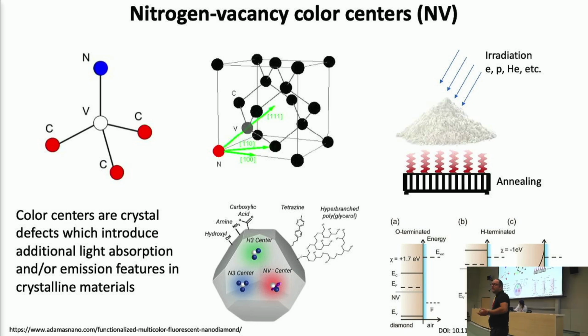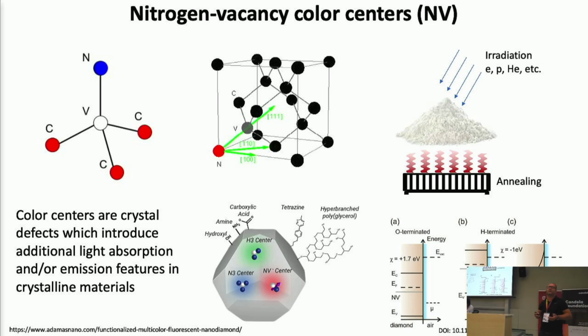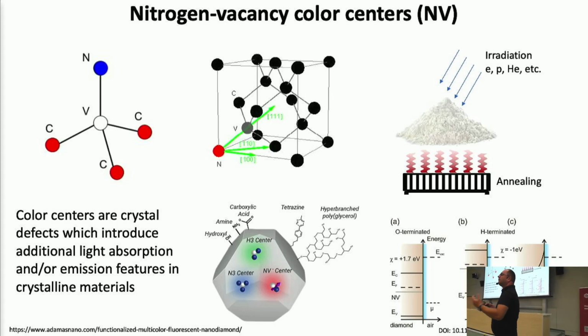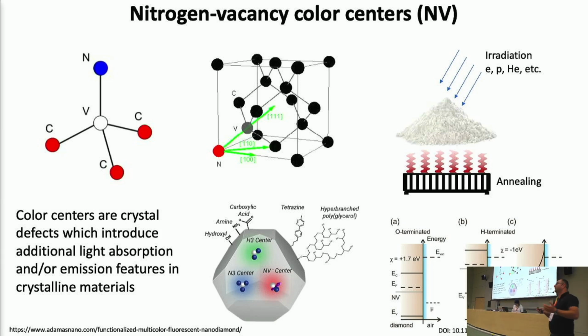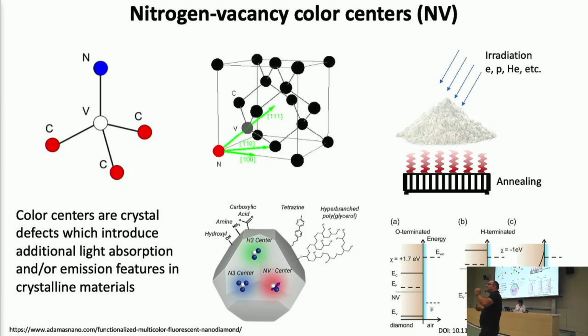How do we do this? Very simply. In natural diamond or synthetic diamond, because we now have techniques to produce diamonds, there is always some nitrogen inside. Of course, we can implant it, but if we see something inside, we only need to create the vacancy. We irradiate it with protons, electrons, or something different that can create our vacancy.